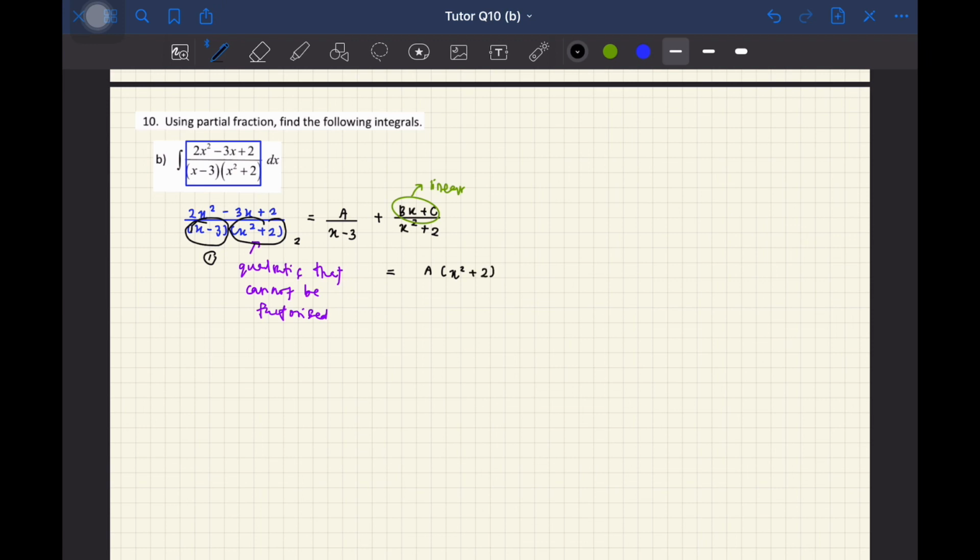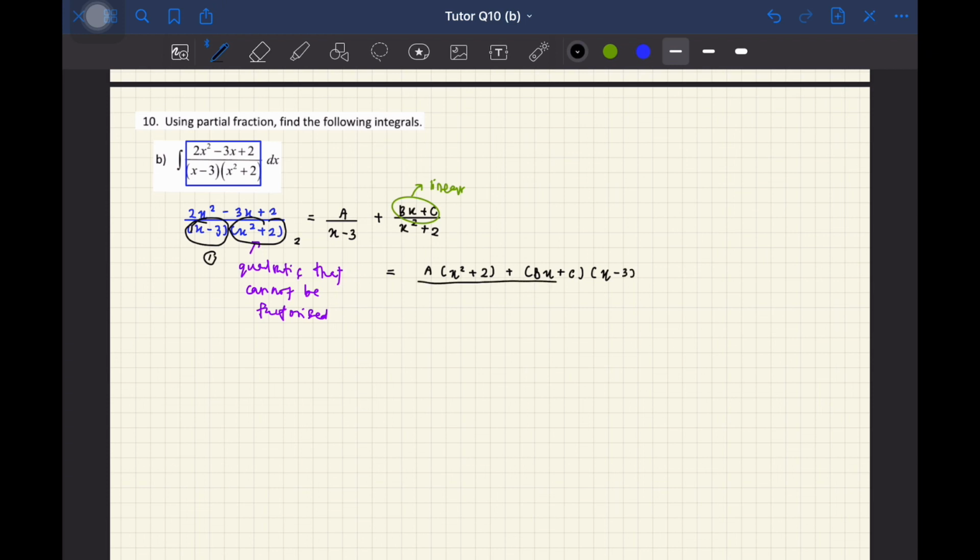Itu adalah untuk yang term pertama. And then for the second term, for bx plus c, saya letak di dalam bracket bx plus c. Take a look at what this bx plus c punya denominator ada. So we have x squared plus 2. What we don't have is x minus 3. So we will multiply bx plus c with x minus 3. Macam tu.